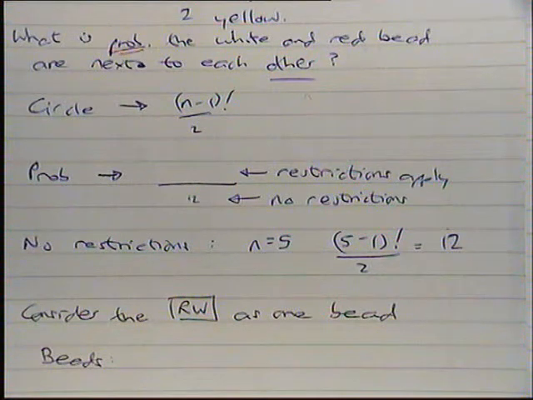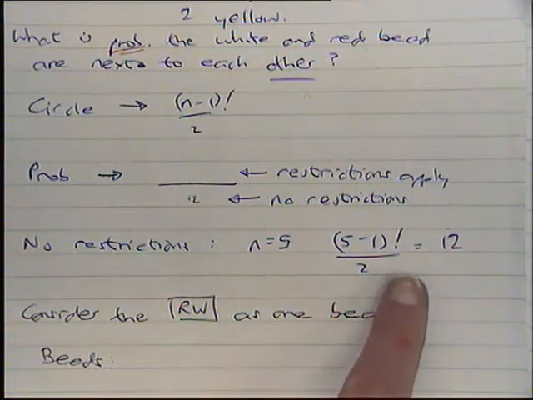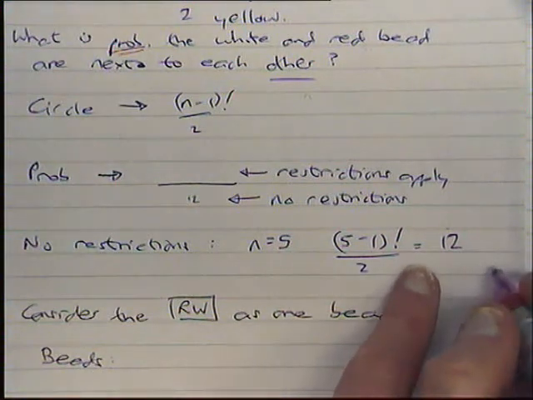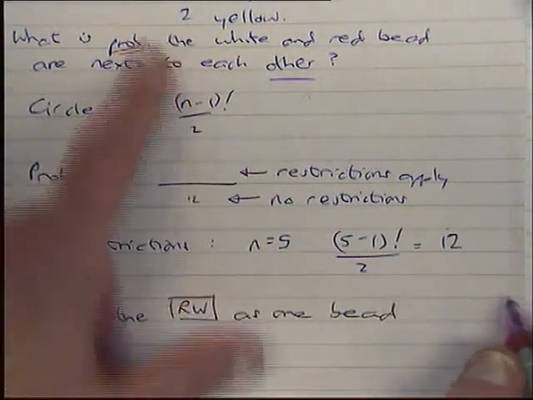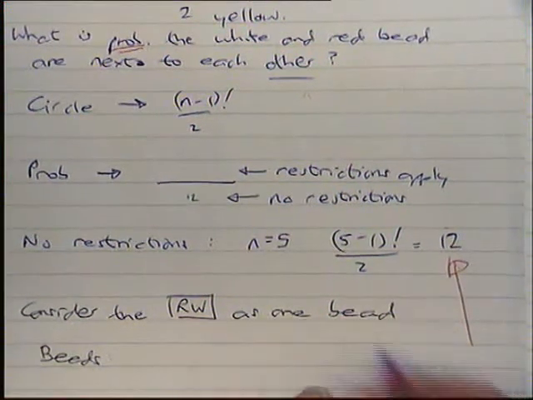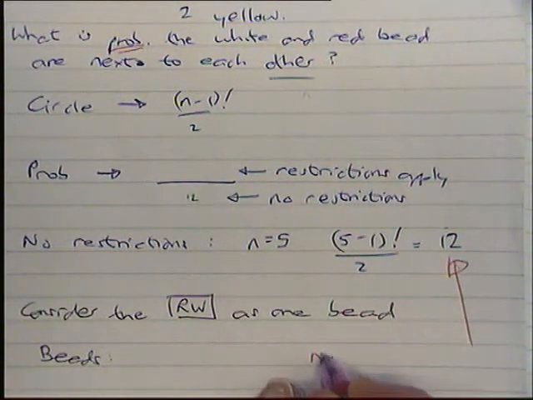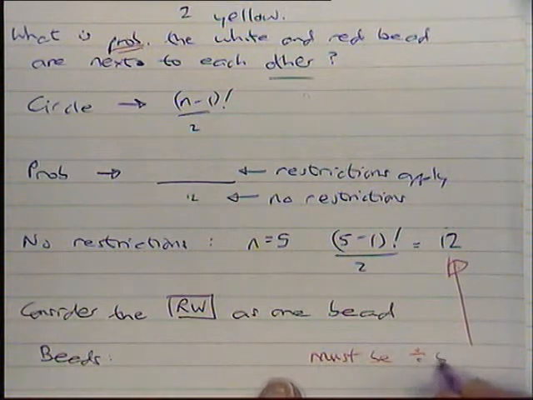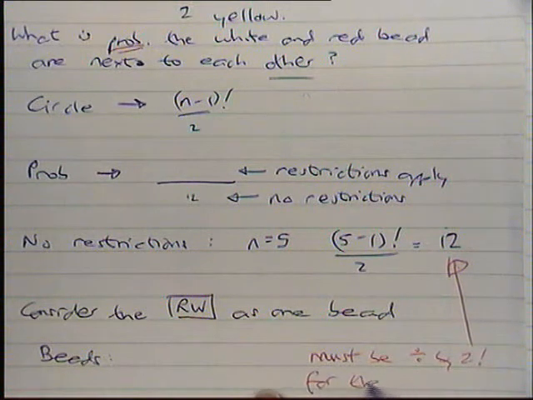They can be arranged either way. So I need to divide this by 2 factorial, which I forgot to do because of the 2 yellows. Let's put an arrow there. That 12 must be divided by 2 factorial for the 2 yellows.